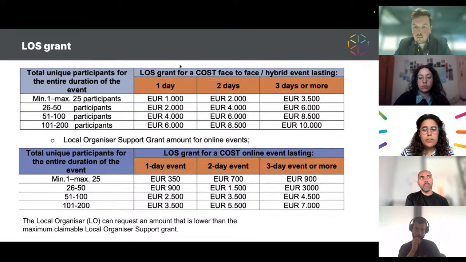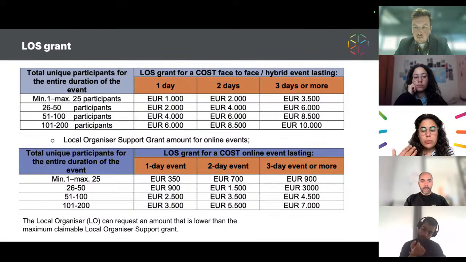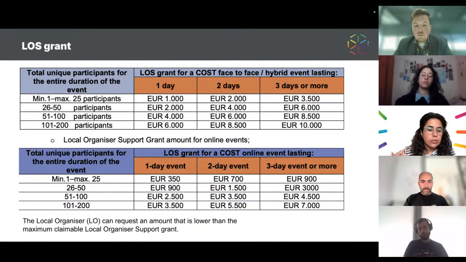For face-to-face or hybrid events, it can go up to 1,000 euros for up to 25 participants, 2 days, 2,000 euros, 3 days, 3.5K, etc. We also have rates for online events, although at the moment we're not betting on this type of events, because we want people to meet face to face, to really learn and exchange experiences.